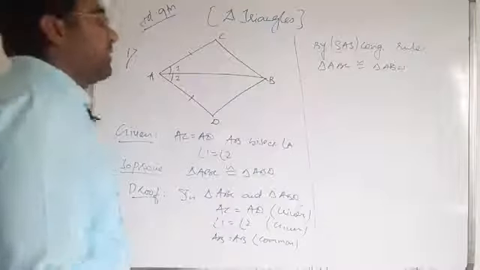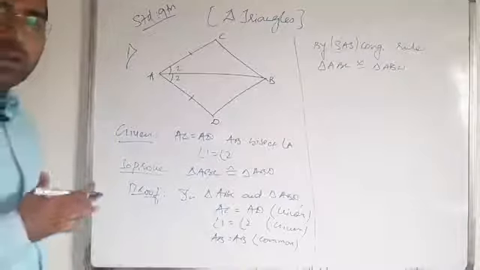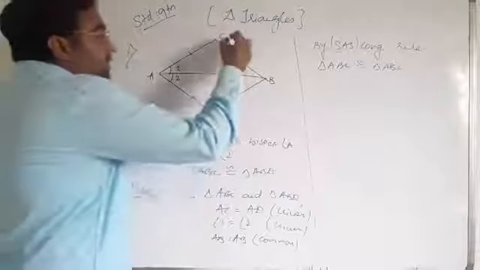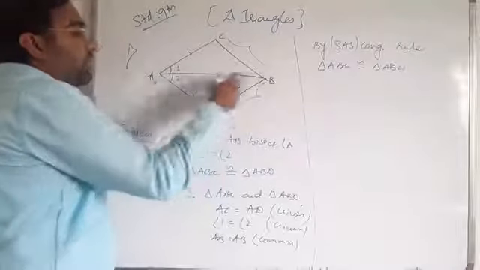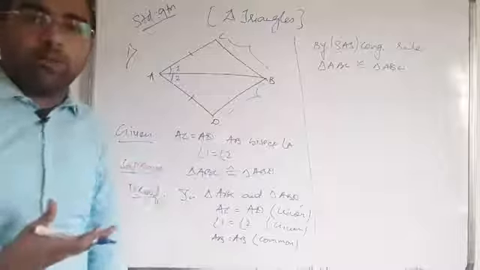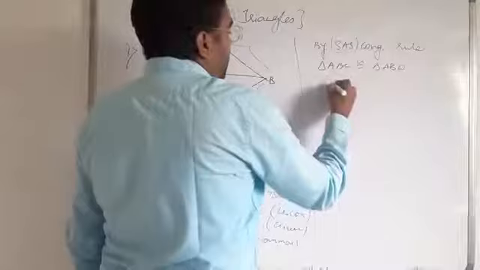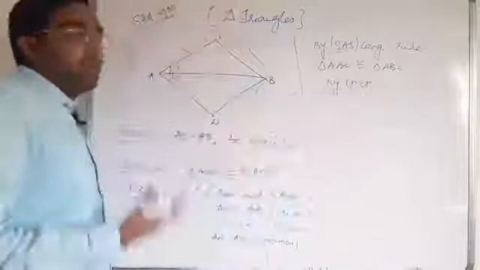Now the remaining parts of the triangles, that is BC of triangle ABC and BD of triangle ABD, are also equal. Therefore we write, by CPCT rule, that is corresponding parts of congruent triangles.